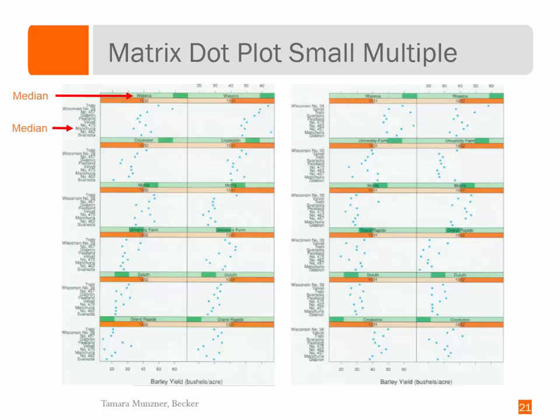And then each one of these views is a particular county where this measurement was taken. So you'll see we have Waseca, Crookston, Morris, University Farm, Duluth, and Grand Rapids. These are each different counties.